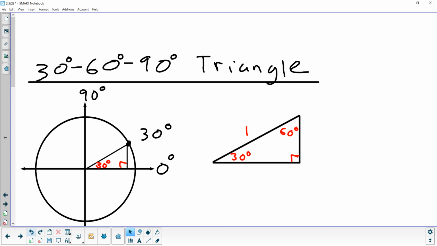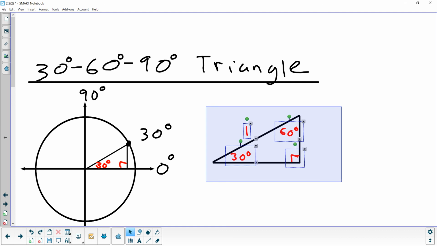I'm guessing a lot of people probably don't remember from geometry what the connection is between all the sides in a 30, 60, 90. So I'm going to give you a hint at how we can figure it out. You have to be a little clever to think of this. It's not hard once you see it, but you would have to be a little clever to think of what I'm about to do.